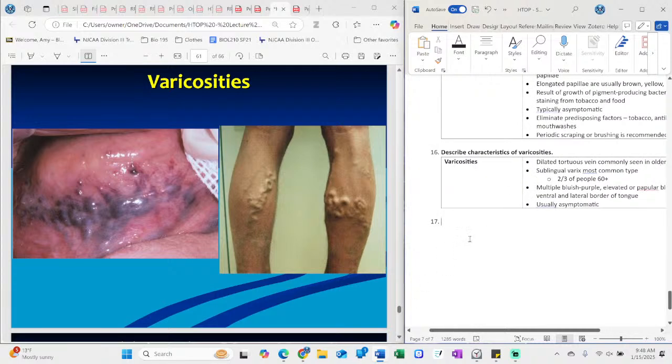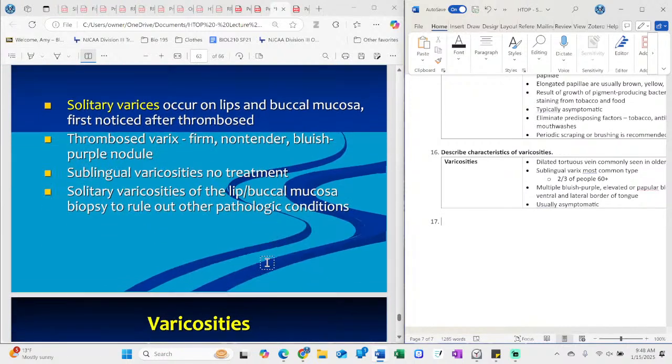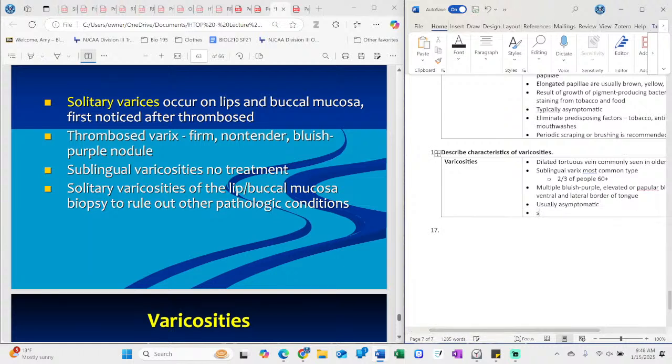Other factors suggested to be associated with these varicosities are cardiovascular disease, a history of smoking, hypertension, or liver cirrhosis. These are usually asymptomatic. The patient will not have any symptoms.